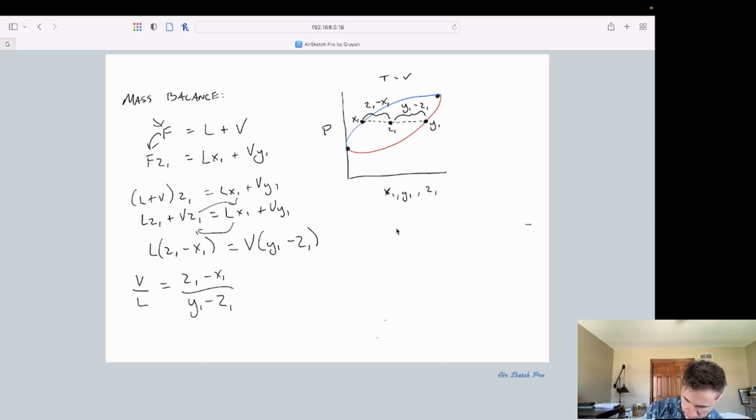We have all liquid up here and all vapor down here. As this continues to increase to more and more liquid, the fraction of vapor to liquid decreases. And then as we continue to come down here, we're coming to all vapor.